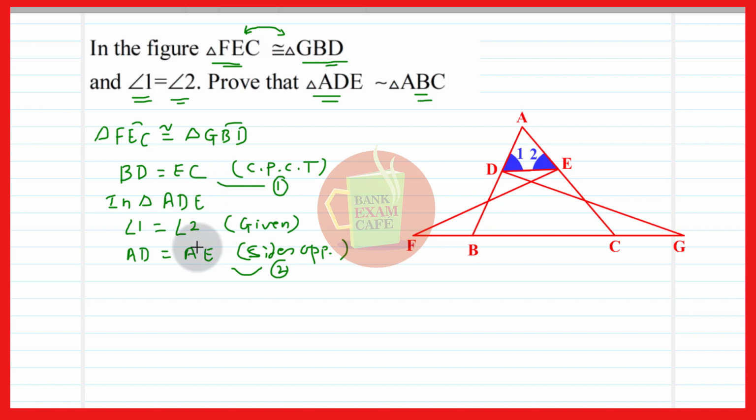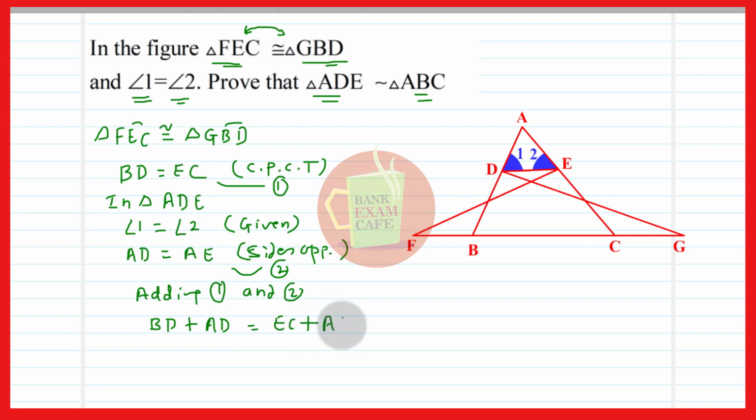Now we will add these two, adding 1 and 2. After adding 1 and 2, what will we get? BD plus AD is equal to EC plus AE. So after adding, BD plus AD will be equal to AB, that is equal to EC plus AE.